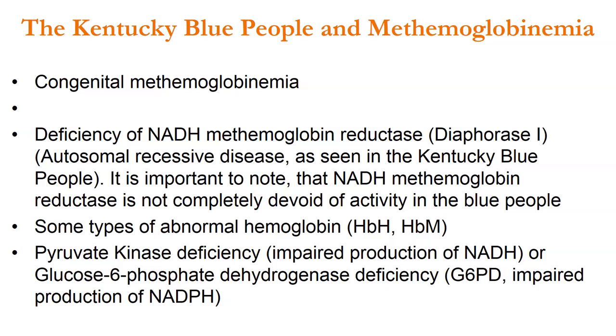There are some other genetic diseases that affect red blood cells that occasionally can cause the presence of methemoglobin, enough that you could occasionally see the symptoms. And these are some things we've seen before. I don't expect you to try to learn those. I want you to know that NADH methemoglobin reductase deficiency can cause a genetic version of methemoglobinemia. And I want you to know what methemoglobinemia is.